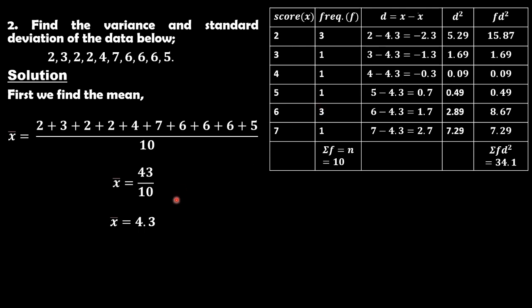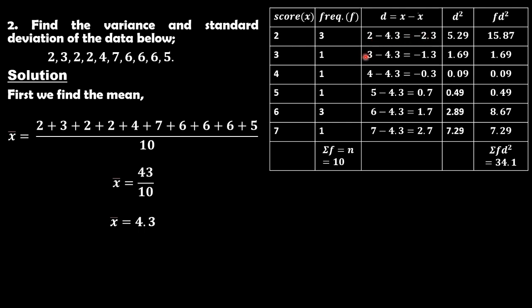Therefore, since we have our mean to be 4.3, the next thing is to get the deviation of each value from the mean. Deviation of 2 from the mean, which is 4.3, is minus 2.3.